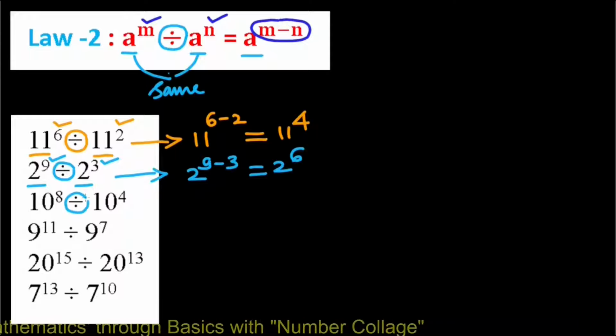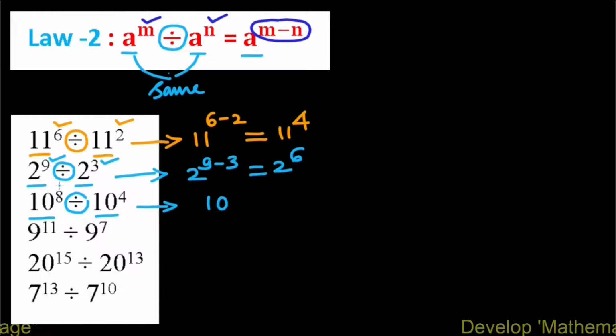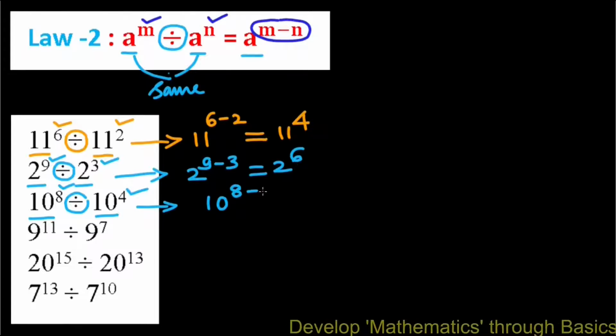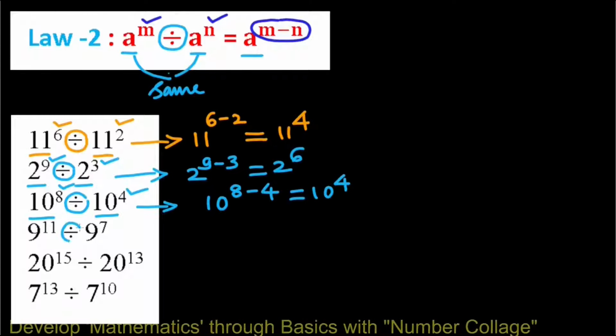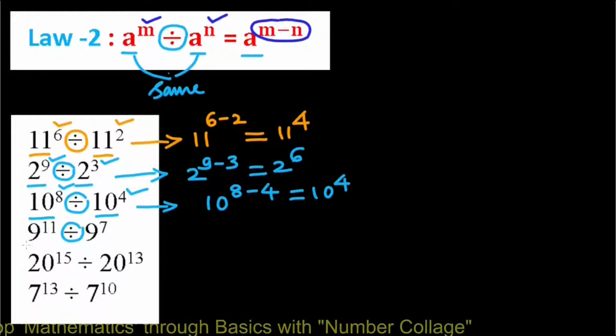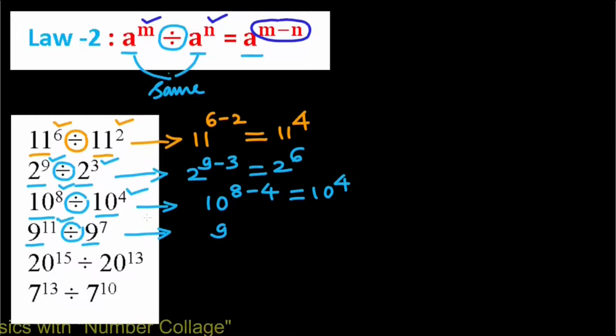There is division between the two numbers and the base is same, so we have to raise this same base 10 by subtracting the individual powers 8 minus this 4. So that will be 10 raised to 4. There is division sign between the two numbers and the base is same. So we have to raise the same base 9 to the subtraction of the individual powers 11 minus this 7.